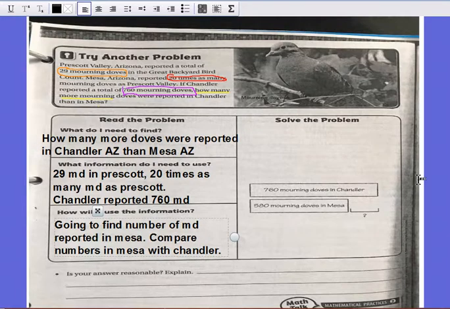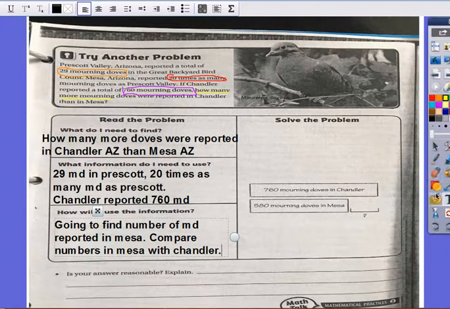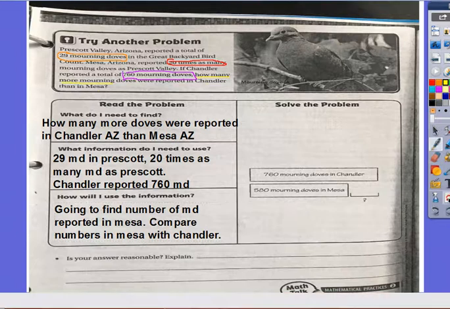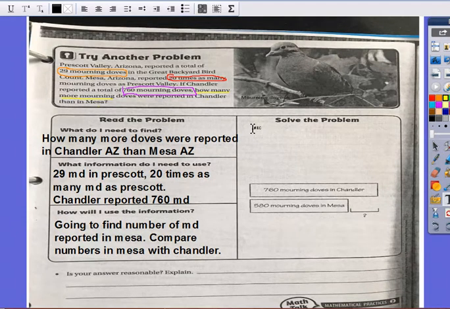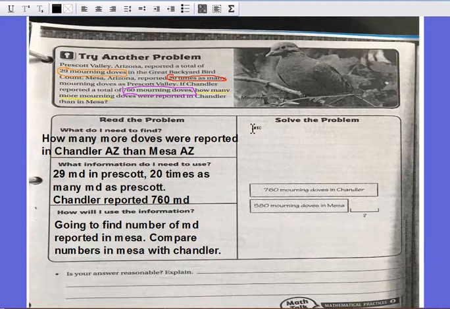Alright, so we're going to come over here and start working out and solving the problem. The first thing that we want to do is find the number of mourning doves in Mesa. In Prescott there's 29 mourning doves, but Mesa had 20 times more than that 29.